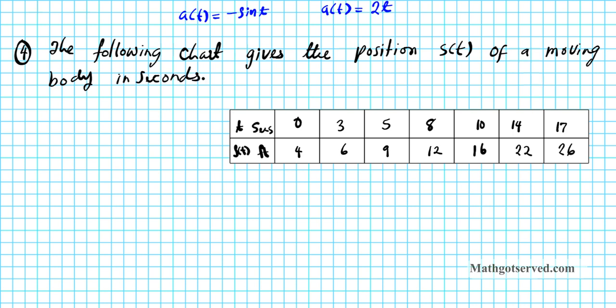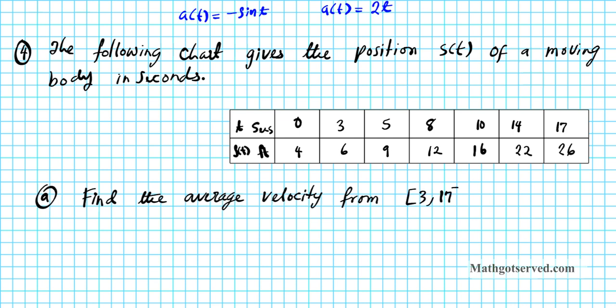So we have this chart right here. The task in part A is to find the average velocity from 3 to 17.